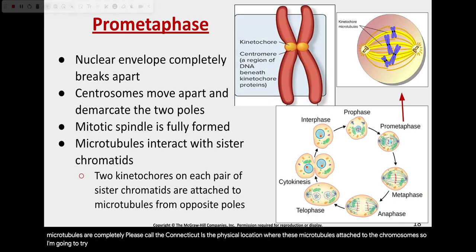So I'm going to draw it on my drawing here. I'm going to draw from each centrosome a microtubule attaching to either side of every chromosome. All right. So my mitotic spindle is fully formed, and the microtubules are attached to my chromosomes.